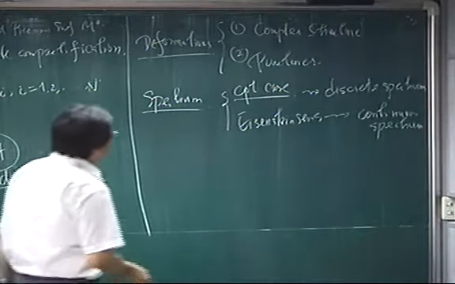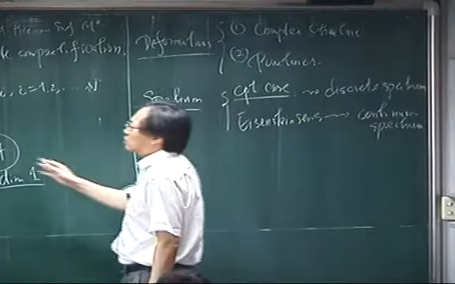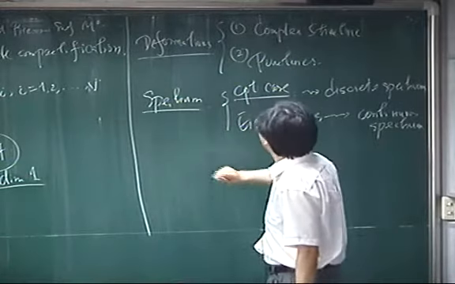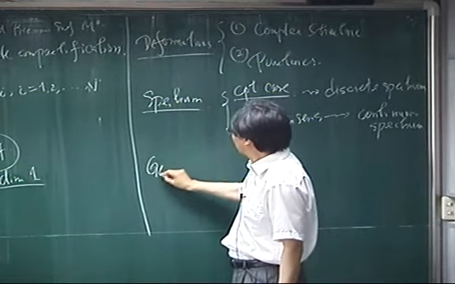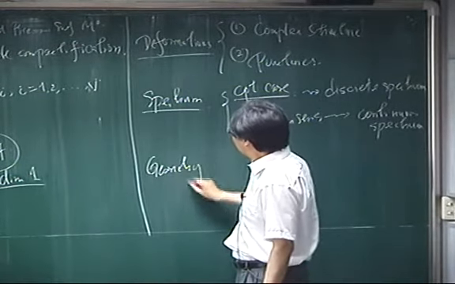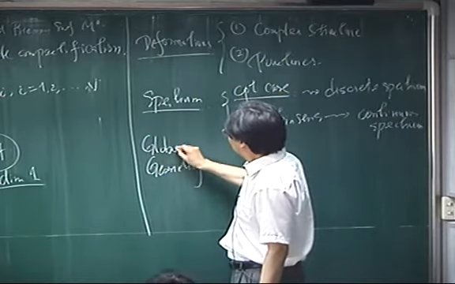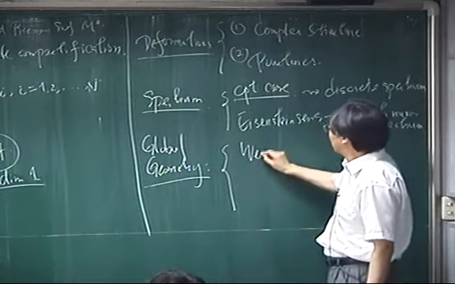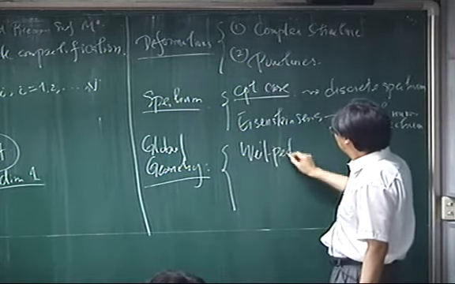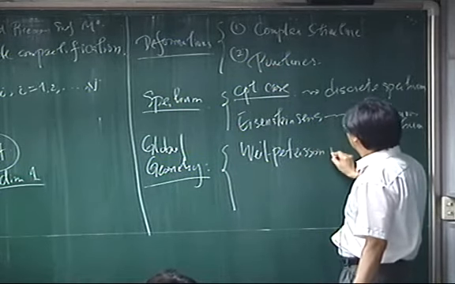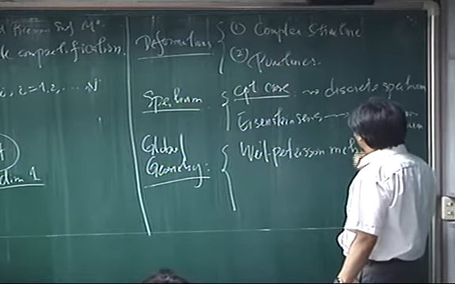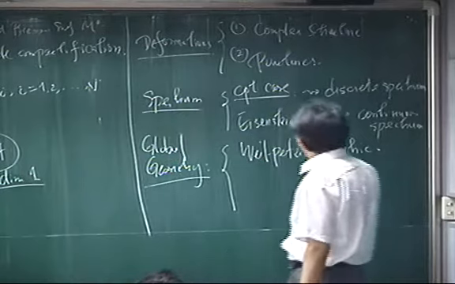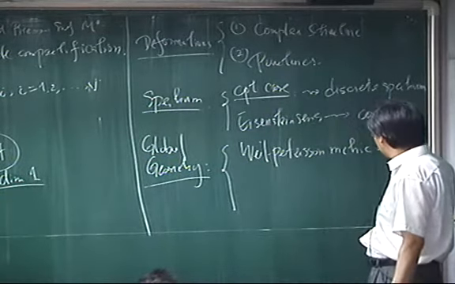And in terms of the global geometry of the moduli space, the first one we all know is given by the so-called Weil-Petersson metric on the moduli space MGN. And all these things are on the open part.